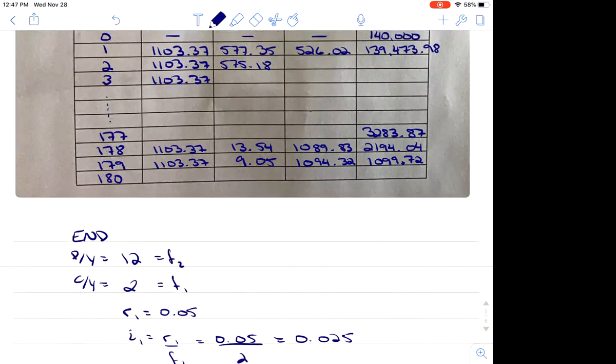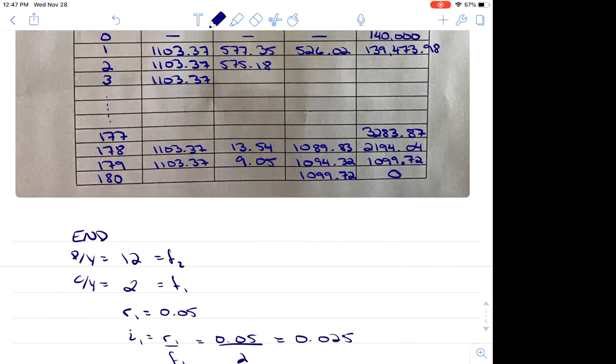Okay, last row, right? We know our balance has to be 0. And we know that we have to pay 1,099.72, and so that has to be our principal amount. That's what we're forced to pay in principal. But we also have to pay interest on that, right?